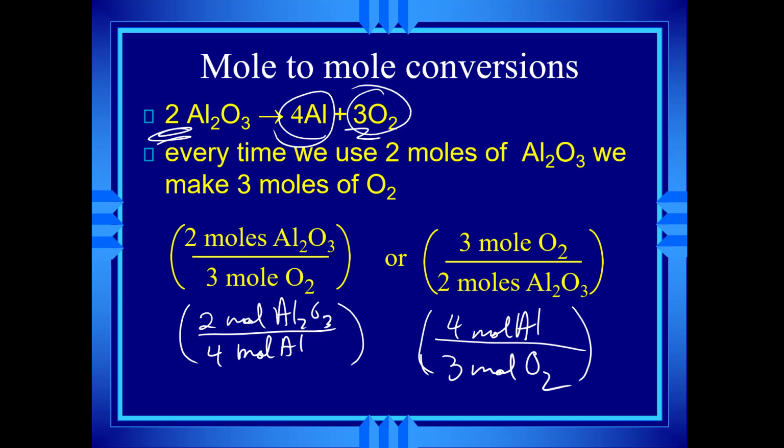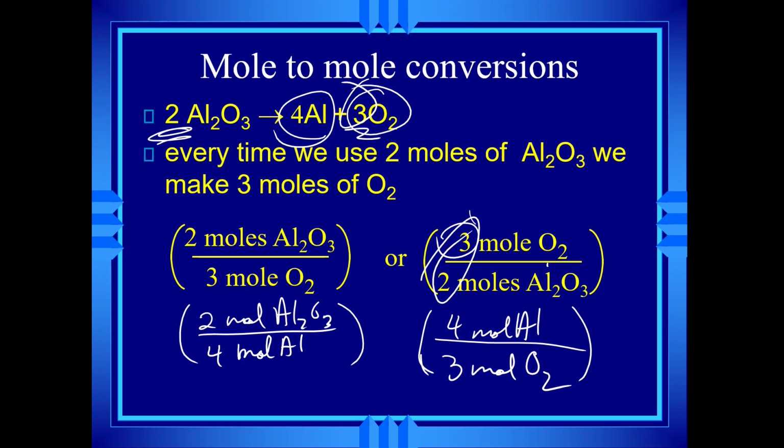So I can make conversion factors out of any chemicals in the equation. Doesn't matter which side they're on. It's just one I'm going to use, the other one I'm going to make. But I can make mole-mole conversions no matter where it's at in the equation. Doesn't matter if it's a reactant or a product. All that matters is that you got the right coefficients in front. And that's all I did was copy the coefficients from here. I copied the 3 in front of O2. Okay?